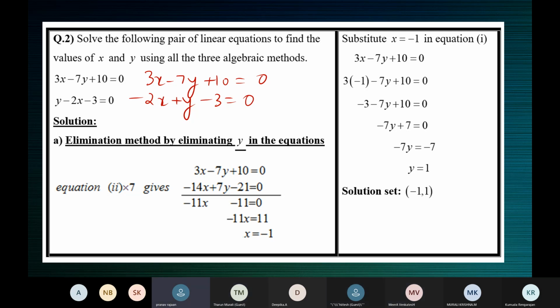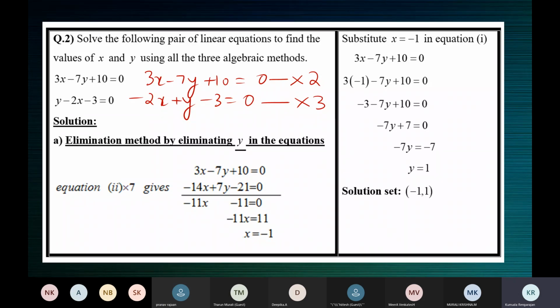Ignore the signs. So multiply the first equation by what? 2, ma'am. And the second equation by? 3, ma'am. Correct? Yes, ma'am.